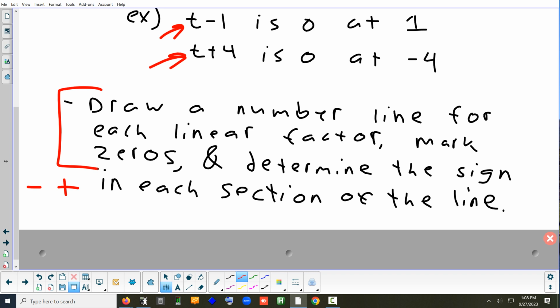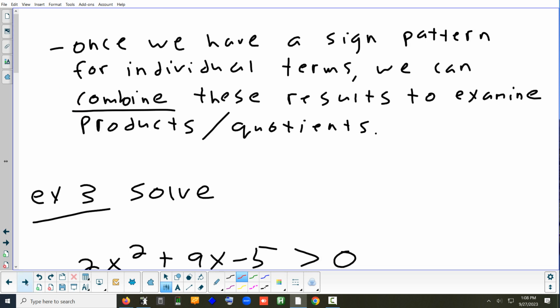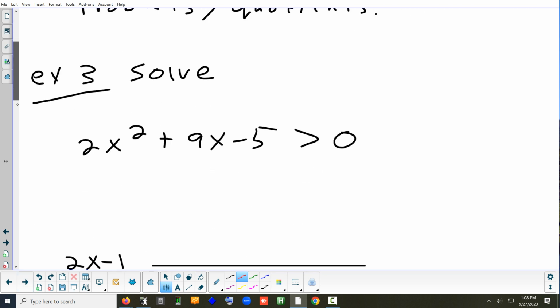And again, this method only works if you can factor. You can't factor, you can't do this. It won't work. Okay, so that's what I'm going to come back to and tell you after.